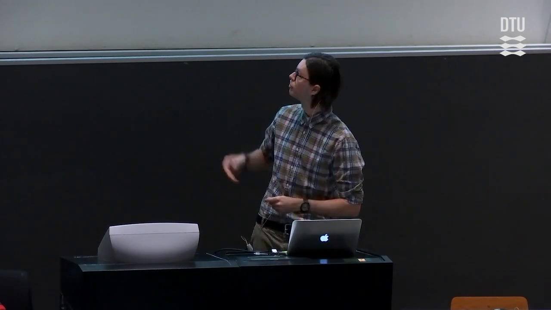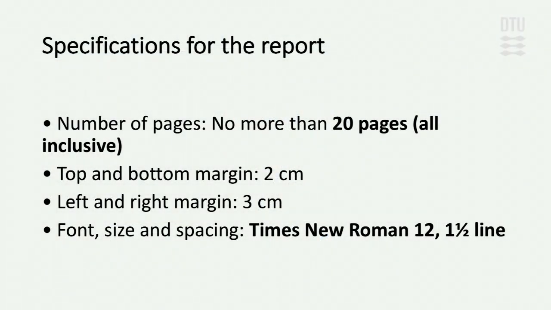The number of pages in your reports is not allowed to exceed 20 pages, including all the elements. All this information is also uploaded on Inside, and you can find all the details when you come to make the project.